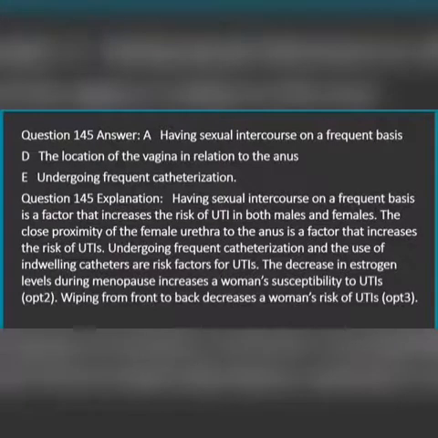The close proximity of the female urethra to the anus is a factor that increases the risk of UTIs. Undergoing frequent catheterization and the use of indwelling catheters are risk factors for UTIs. The decrease in estrogen levels during menopause increases a woman's susceptibility to UTIs, opt 2. Wiping from front to back decreases a woman's risk of UTIs, opt 3.